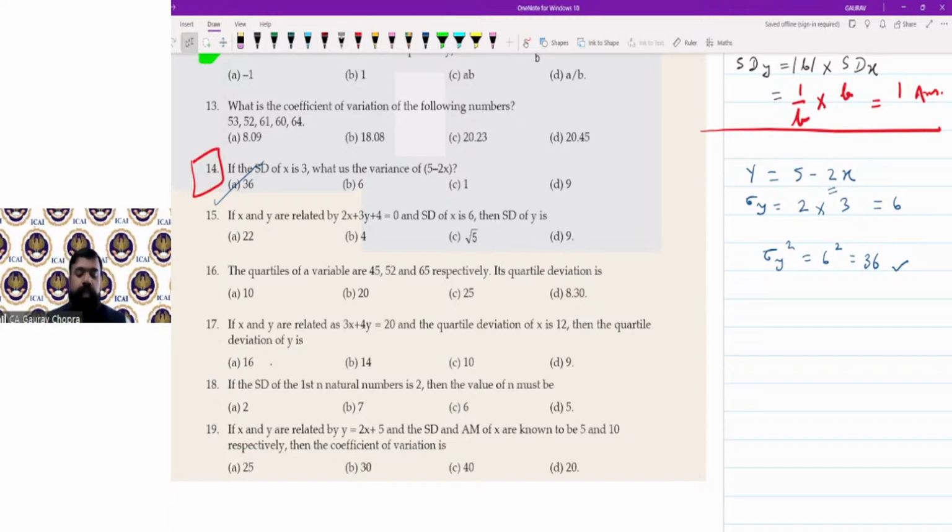So the SD of y you have to calculate. Very easy. Arrange first and then give the answer. Mehak Roy has given option number B, that is 4.